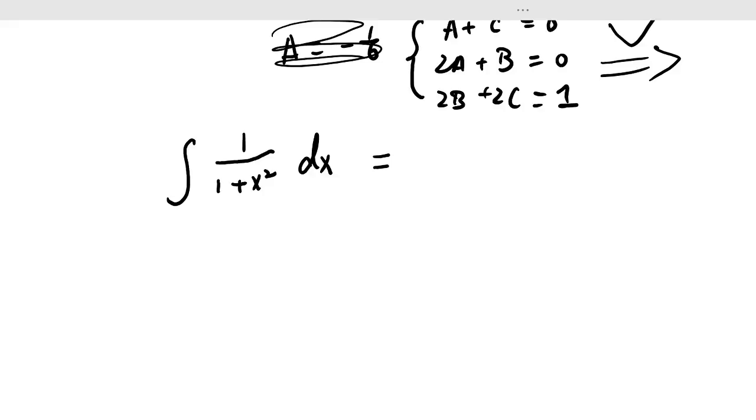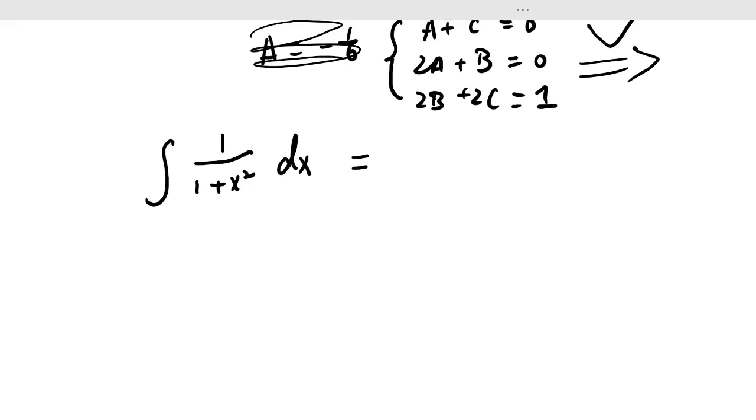So let's just go online and check. If you search online, Google it, you will get something special come out. This will be tangent x negative 1.